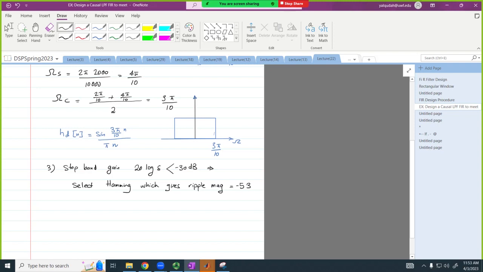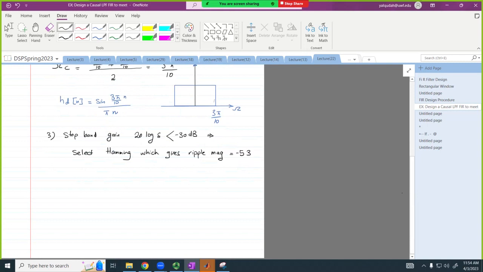So we are erring on the safe side. We want less than 30 dB. The Hamming will give us negative 53. Does that make sense? Okay. Again, when we do the MATLAB, we'll highlight where these points are coming in.